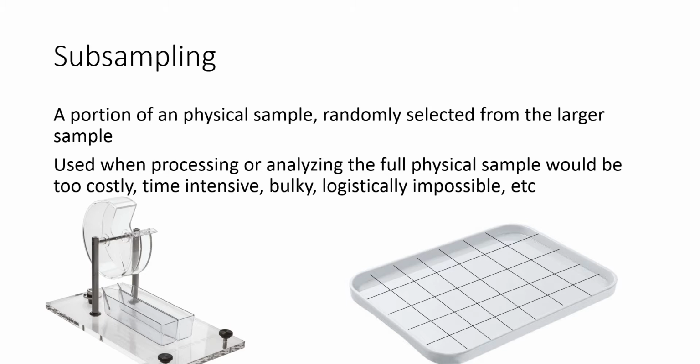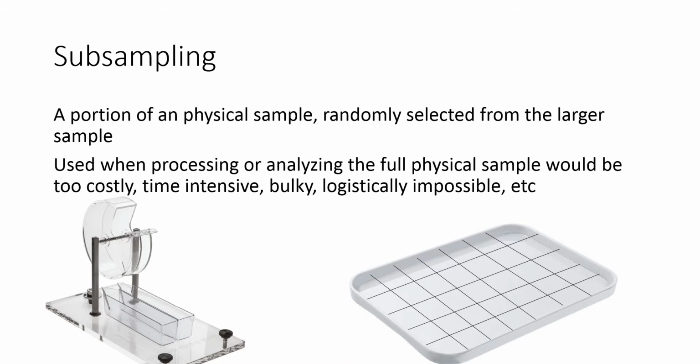You probably don't want to sift through a ton of soil, but you could subsample and understand what's going on in that, as long as your samples are independent and distributed throughout your sample, so anybody in your sample would have an equal likelihood of being collected. It's really something where processing or analyzing the big sample would just not be possible.